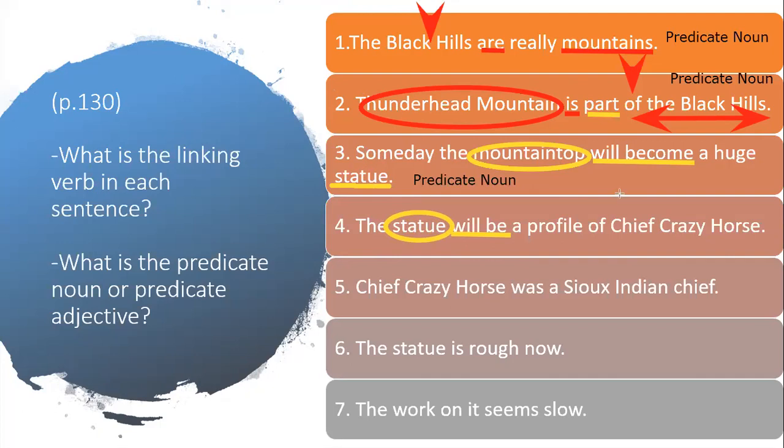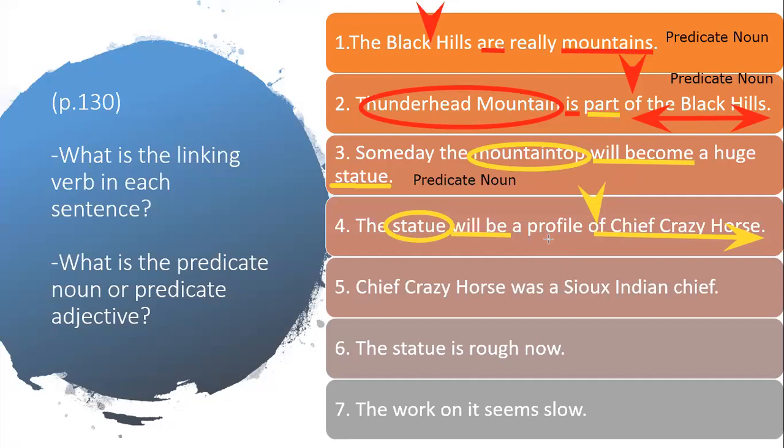But I see something here that I have to be careful with. What is this? Yes, a preposition. So we already talked about how words after a preposition cannot be either predicate noun or predicate adjective. So what are the options that we have? We have a profile. Those are the options that we have. So profile, yes, it's a noun.